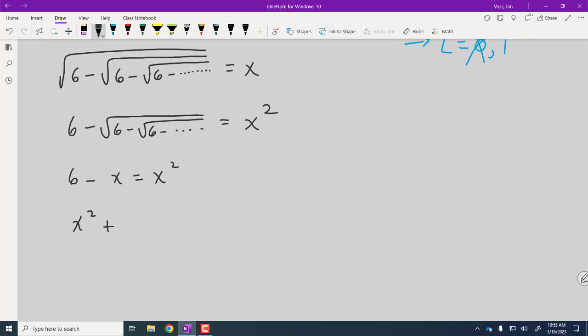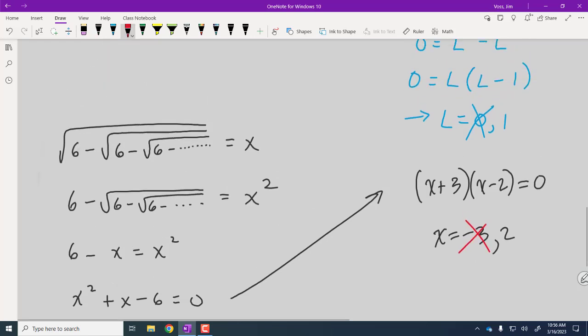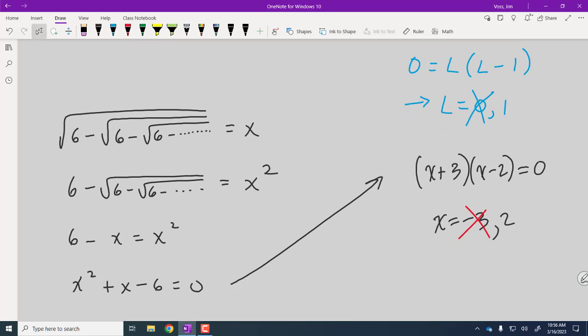Then we have x squared plus x minus 6 equal to 0, moving everything to one side and factoring. We factor that into x plus 3 and x minus 2 equals 0. So then x has to equal -3 or 2. But this is a positive square root, so it definitely can't be equal to -3. So that is equal to the integer 2.